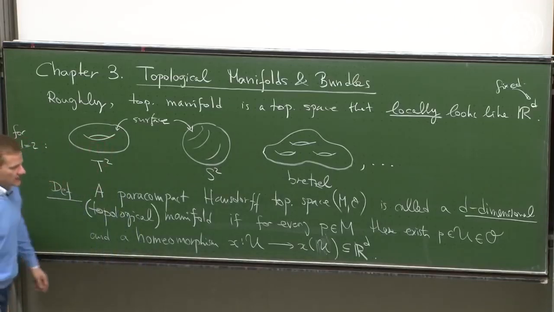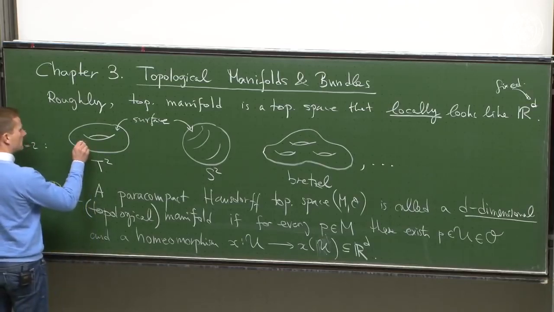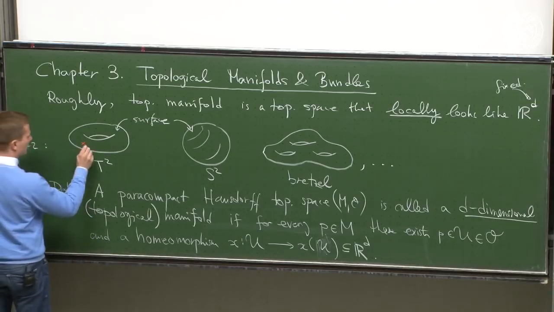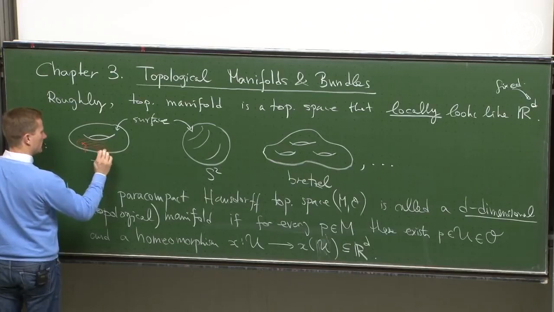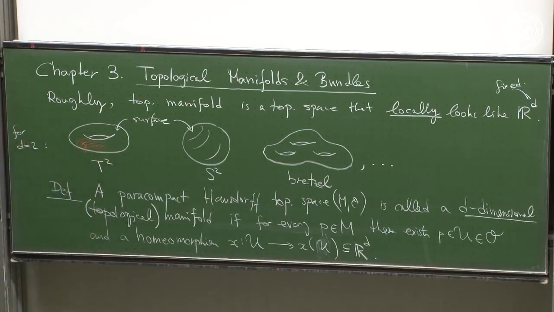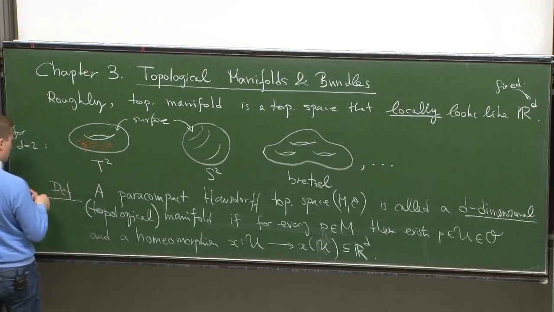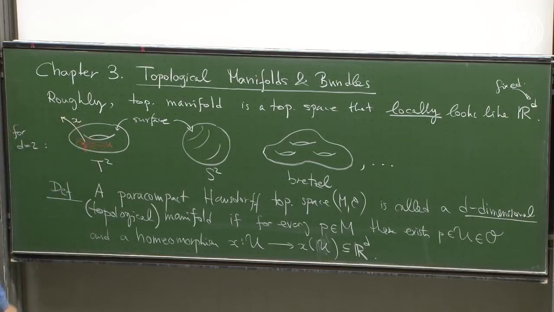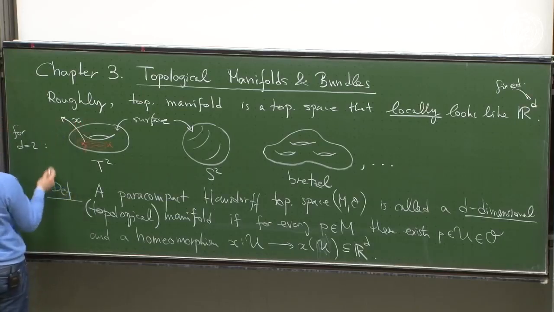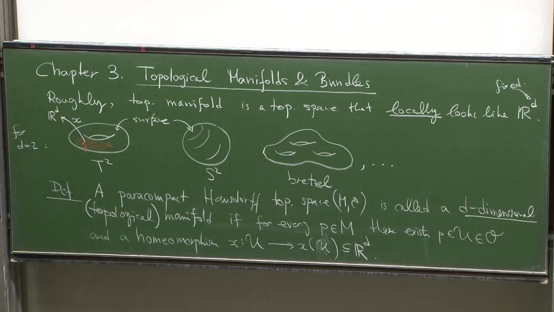So intuitively speaking, if you look at these pictures I drew, then you've got to ask yourself, for every point of this space, is it true that around every p there exists an open set U that contains p? Well, without the boundary, if you think in standard topology terms, such that this set U is mapped by some homeomorphism into some subset of R^d.